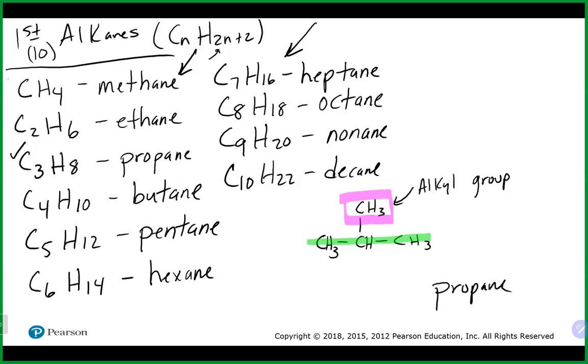And 1 carbon is based off of methane. But because it is not methane, methane has 4 hydrogens, right? This group has only 3 hydrogens, yeah?